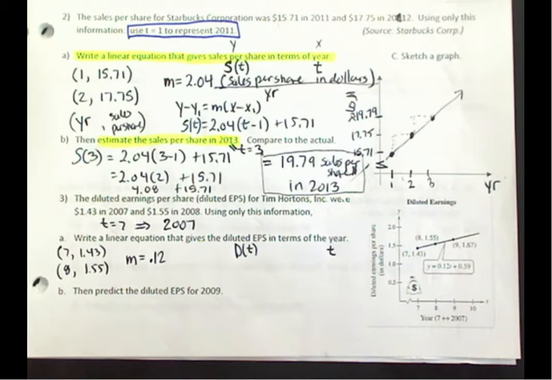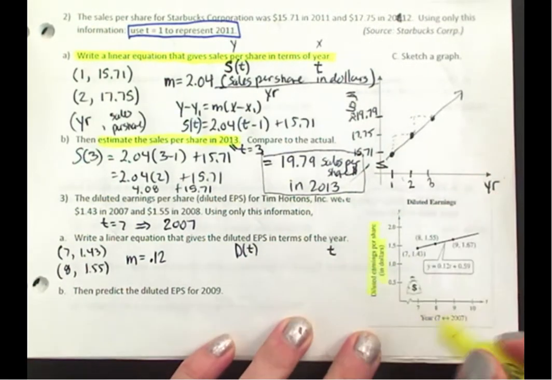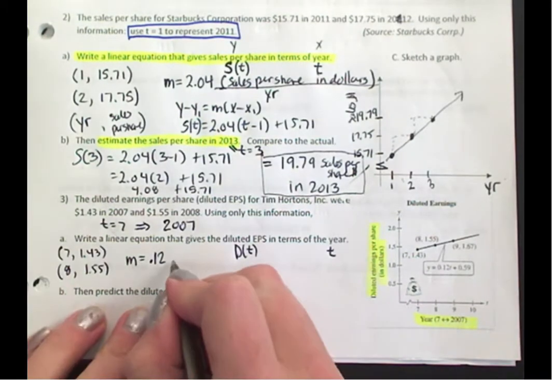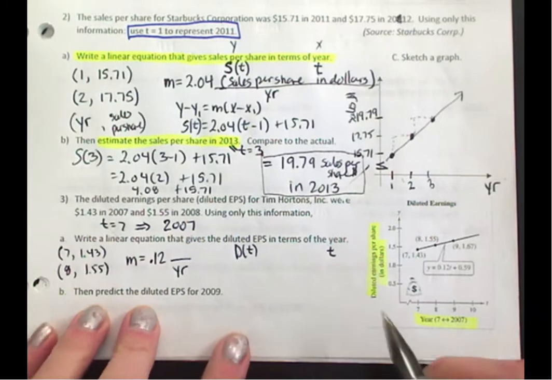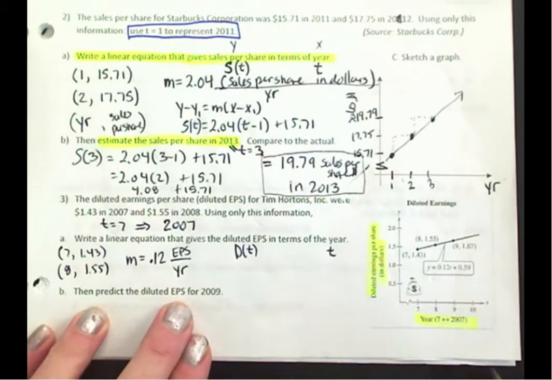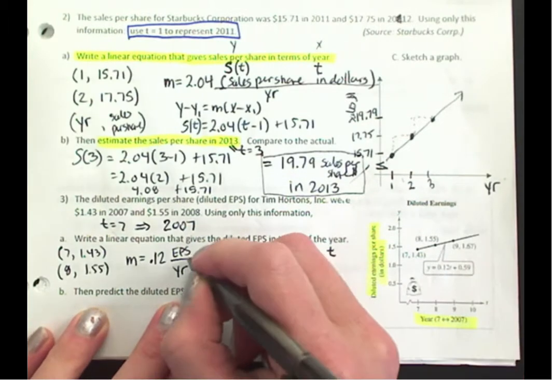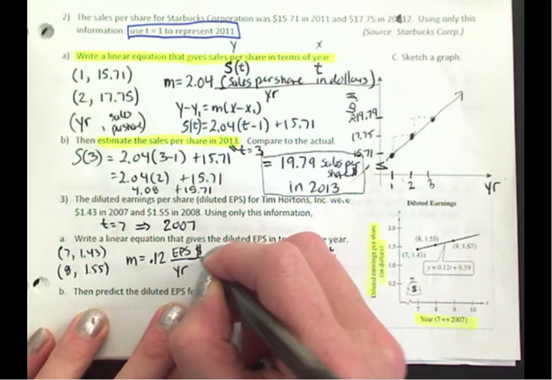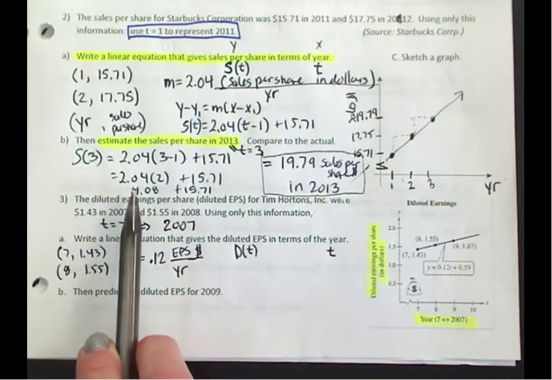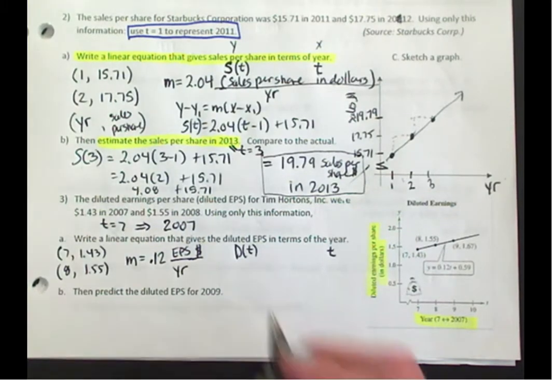Okay, units, and in this case it looks like the graph is already labeled for you, so that makes it easy. Per year, diluted EPS per share, dollars per year. 0.12. It's a lot less than this one, which was 2.04. Okay? Equation.